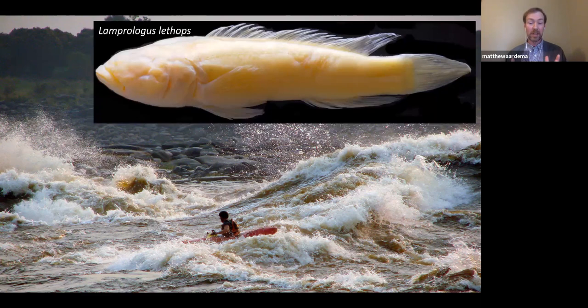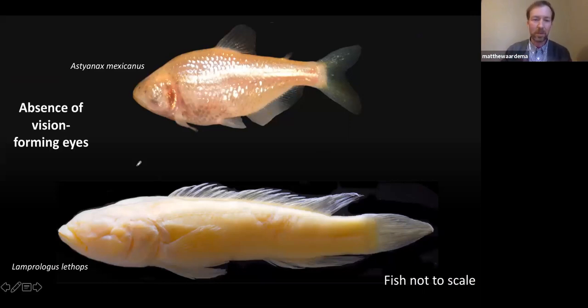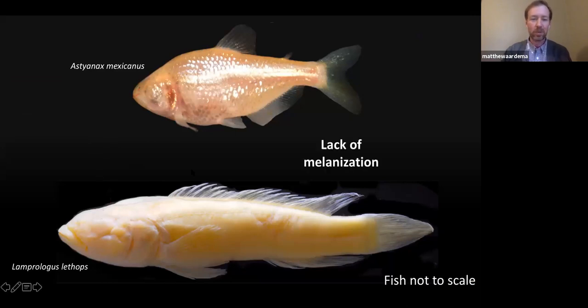evolved that looks very much like a troglomorphic fish, right? It looks like a fish that, if we didn't know where it came from, you would say, oh, that came from a cave. And when we compare it to the canonical cave fish, of course, we see these similarities. We see the absence of vision-forming eyes. We see the apparent lack of melanization, so these very white fish.